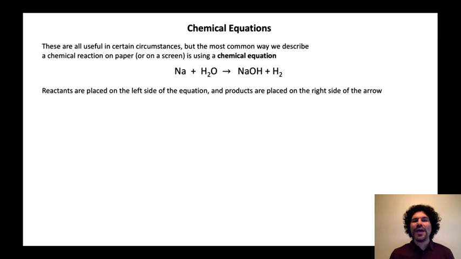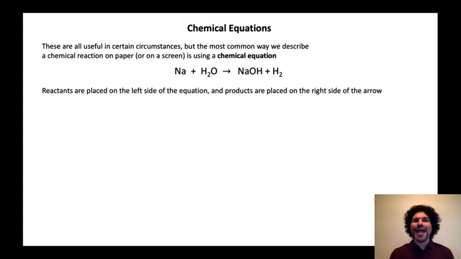The chemical equation makes use of the chemical formulas that I already introduced to you in a previous lesson. The chemical formulas for this particular process are Na plus H2O gives NaOH plus H2.